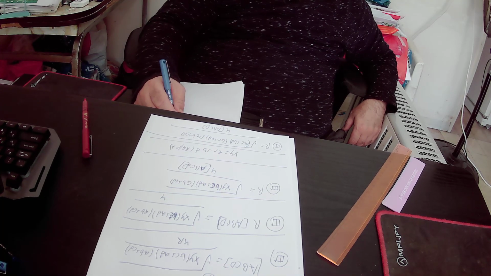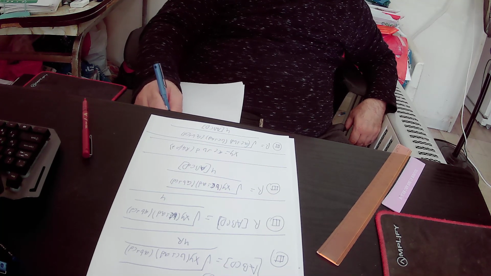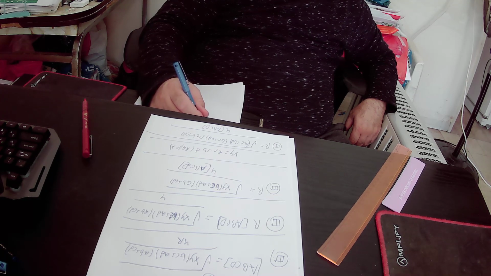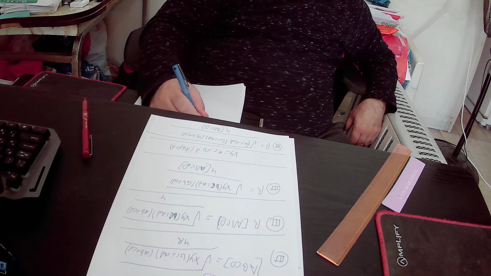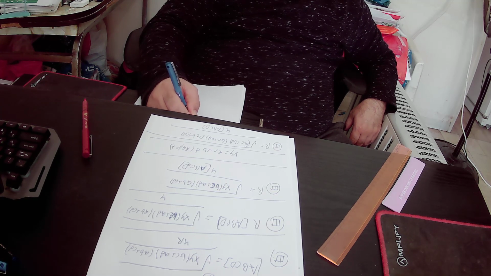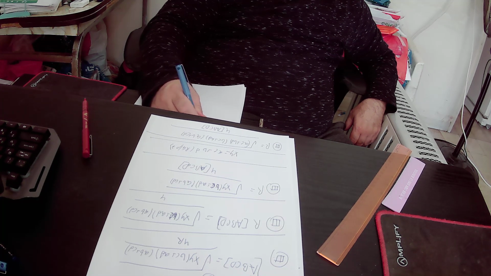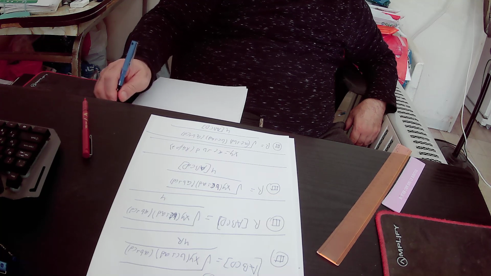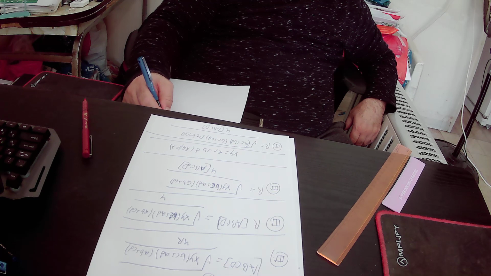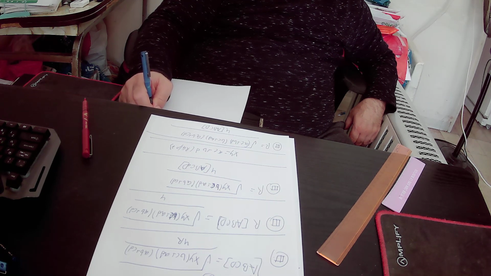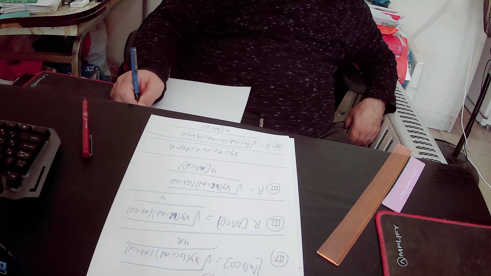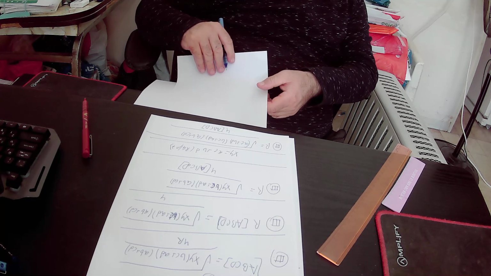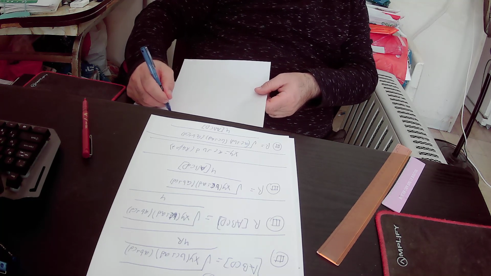According to rule number 3, we've already found out that the area of quadrilateral ABCD equals the root of S minus A times S minus B times S minus C times S minus D, according to rule number 1.